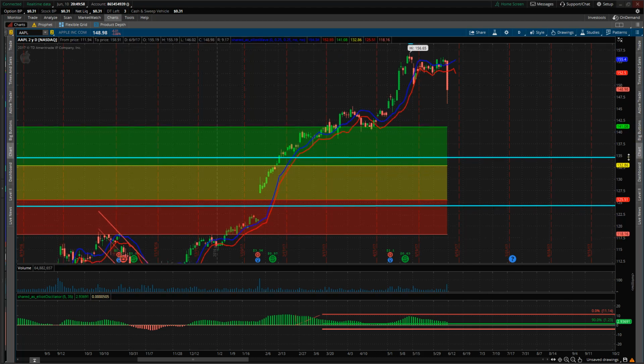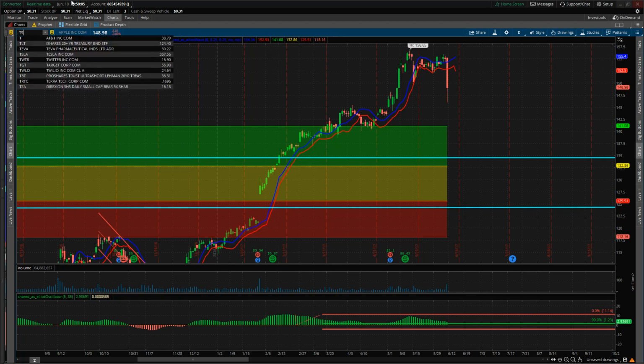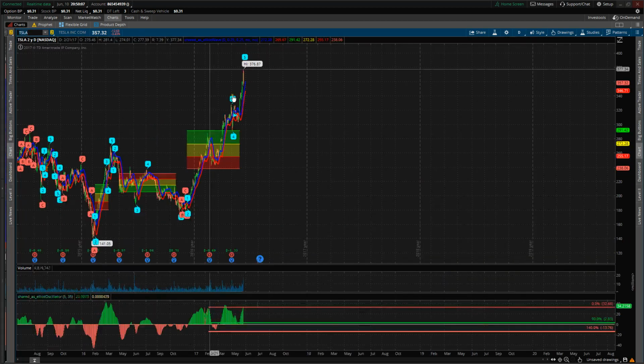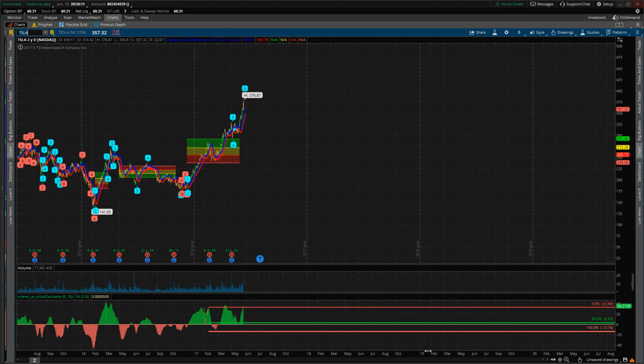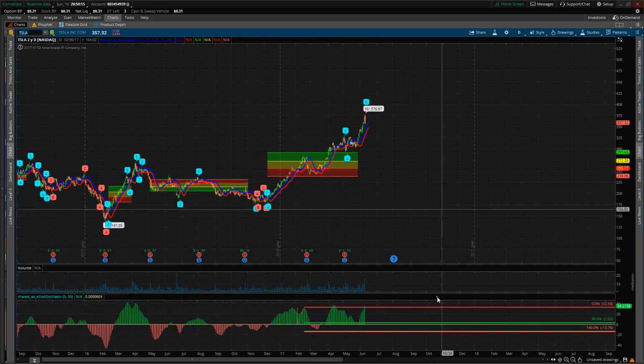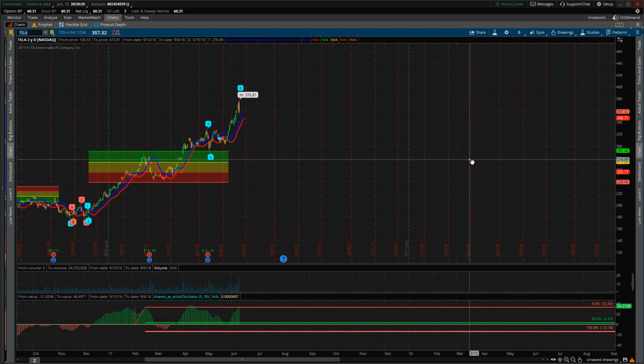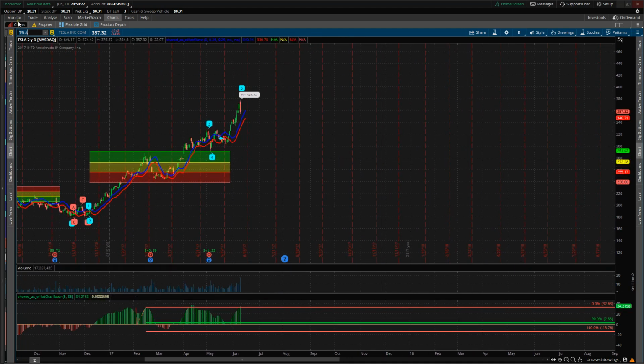So that's Apple. I think there was another one, I can't remember now. Let's have a look at Tesla. So we've missed the boat on Tesla, and it did start to sell off, but we've missed the wave 4 on Tesla.